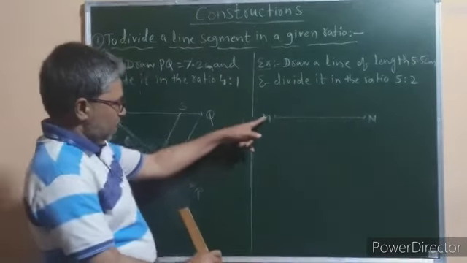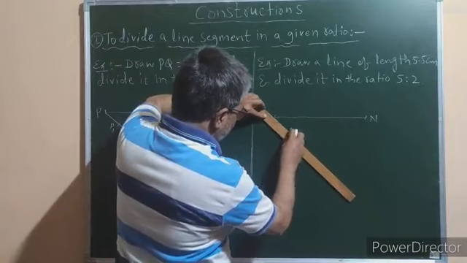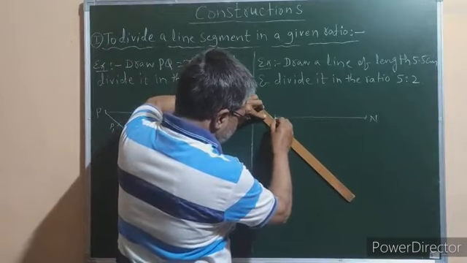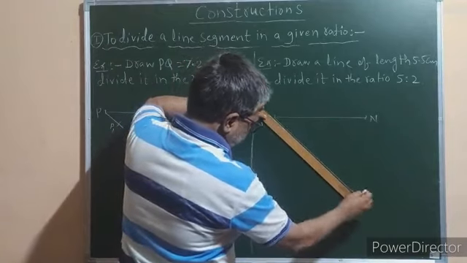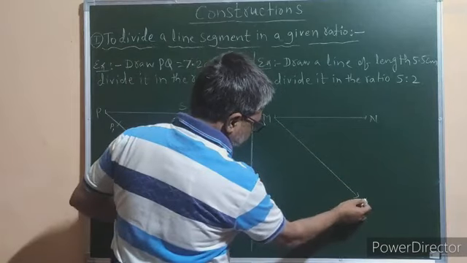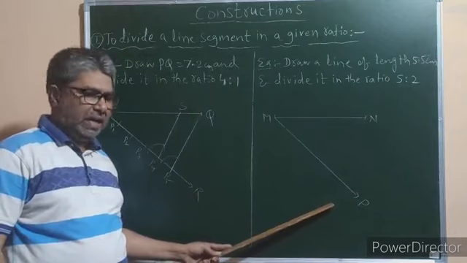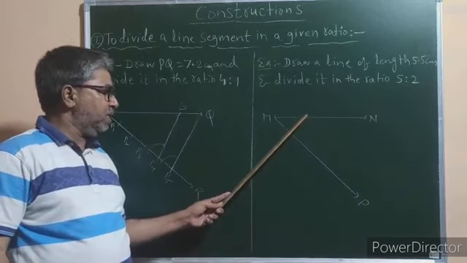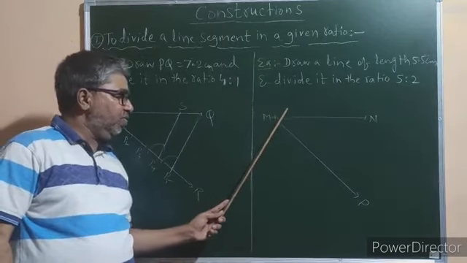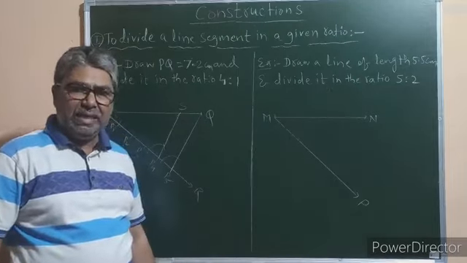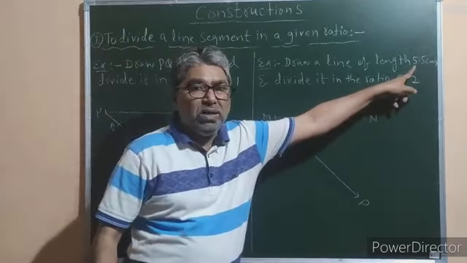Now with M towards down, you have to draw a ray forming an acute angle. Name this point as P. So MP will be a ray which forms an acute angle with the given line segment MN of length 5.5 centimeter.